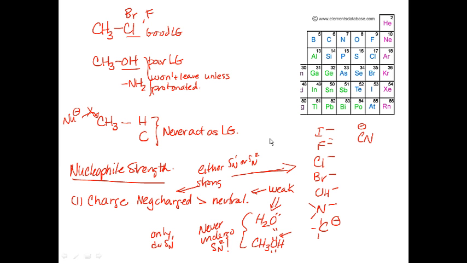So they can do either one. Although I'll reclassify some of these really strong nucleophiles like the nitrogen and carbon. And you might say, how do you know they're really strong? Well, charge is the first thing. So a negative charge is stronger than a neutral. The second thing that we have is the idea of basicity.